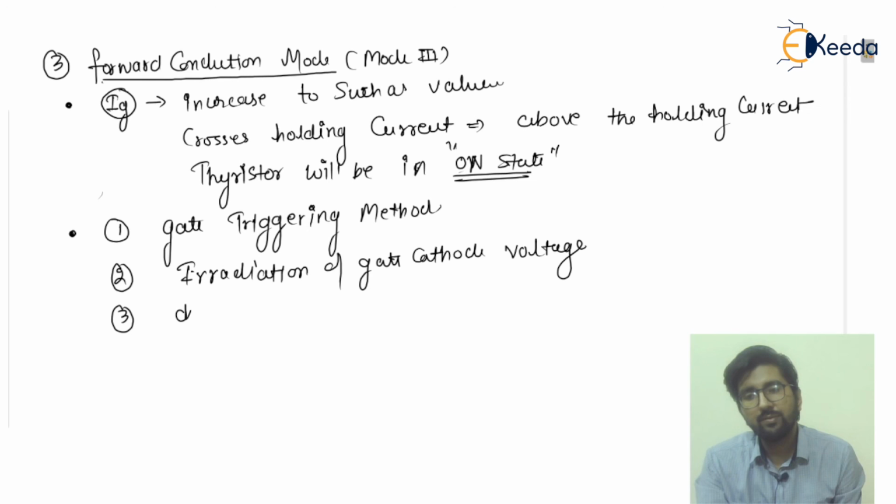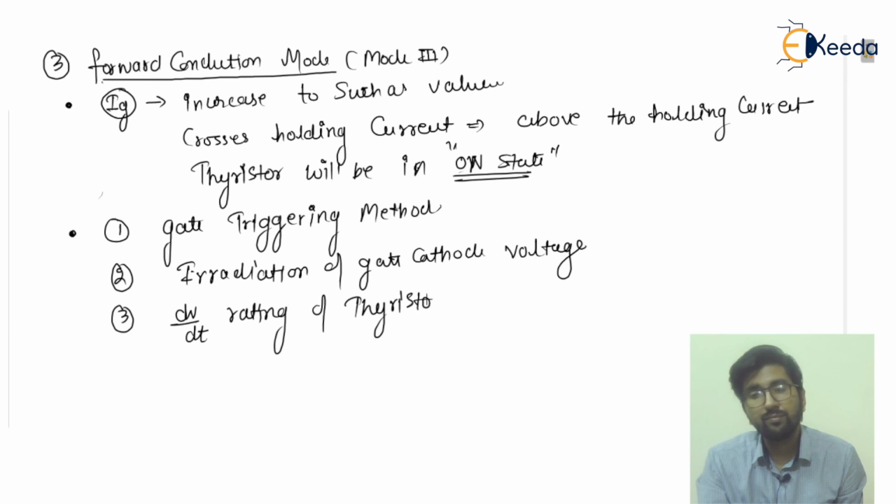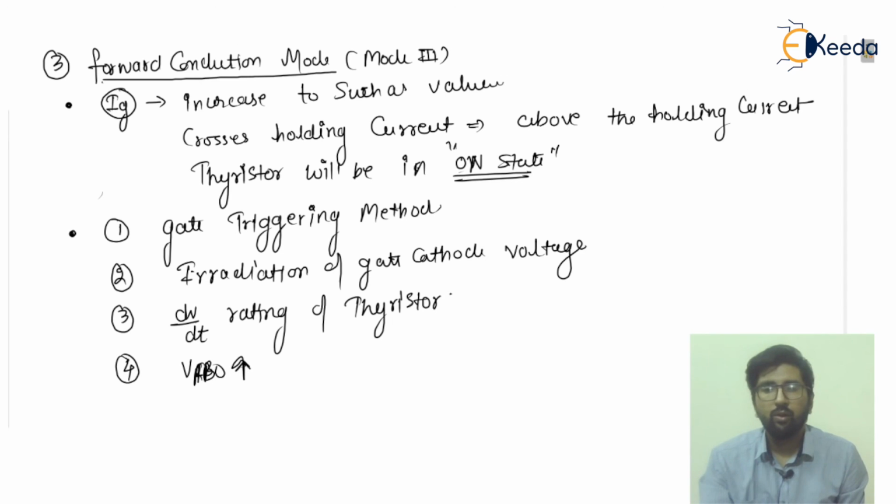Third is varying the dV/dt rating of the thyristor. And fourth is using VFBO, increasing the forward blocking over voltage.